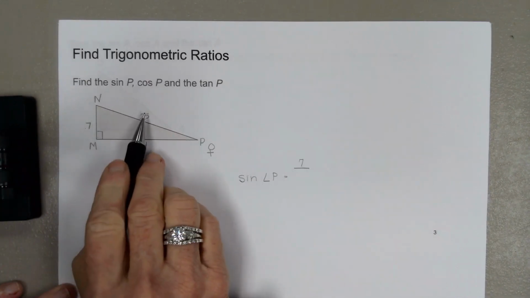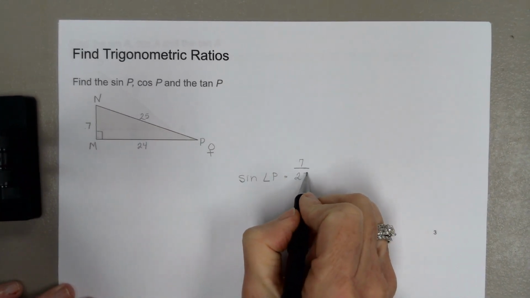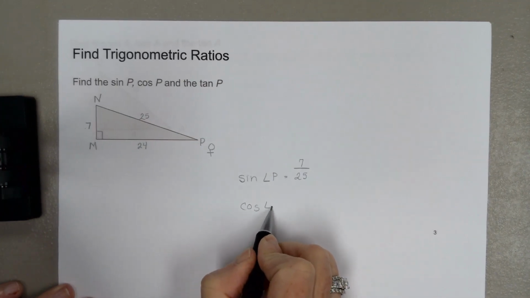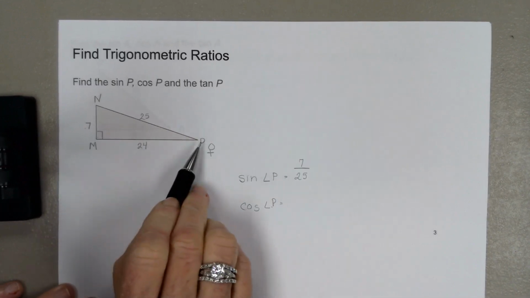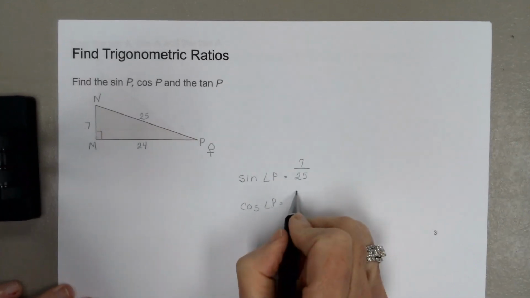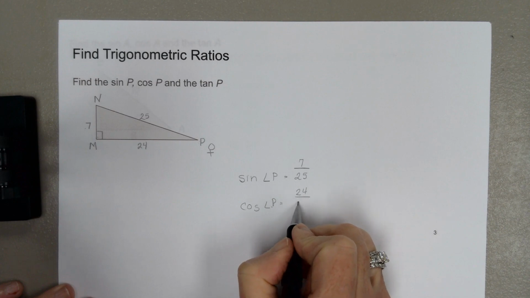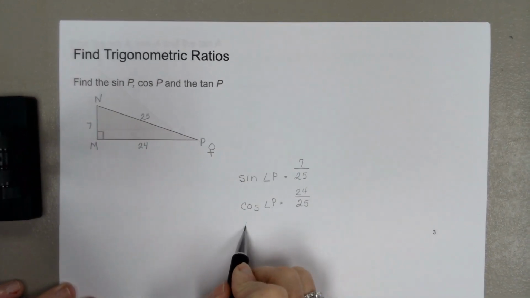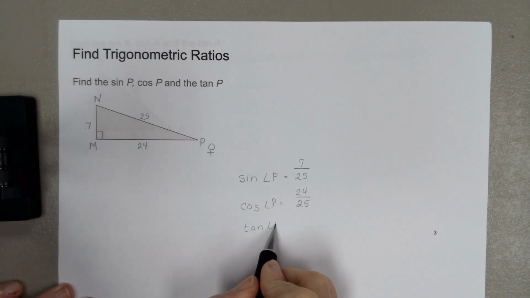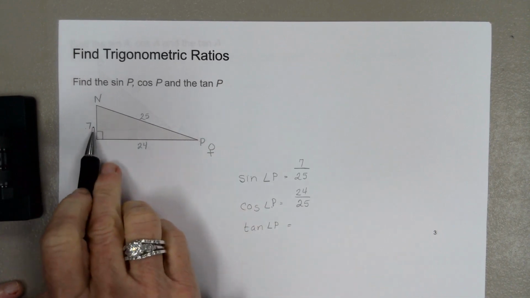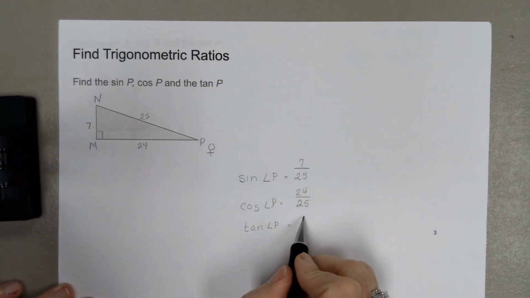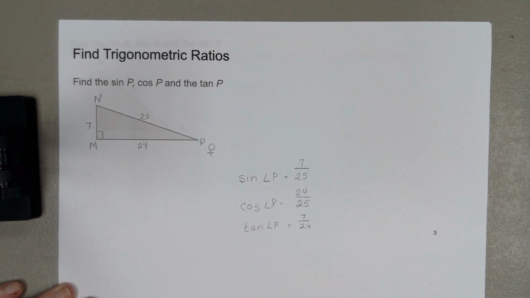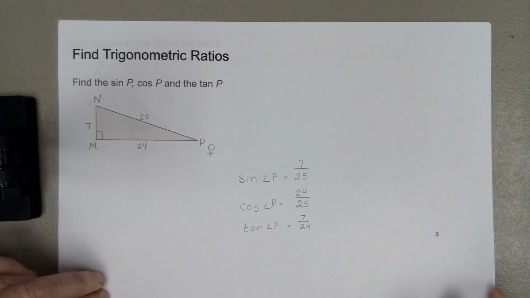Opposite over hypotenuse, so 7 over 25. The cosine at angle P is adjacent, so 24 over 25 because the hypotenuse is 25. And then the tangent at angle P would be opposite over adjacent. So it's 7 over 24. If it's possible to reduce those down, you must reduce them down.